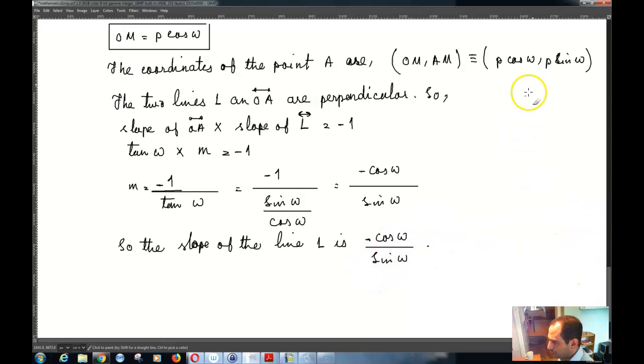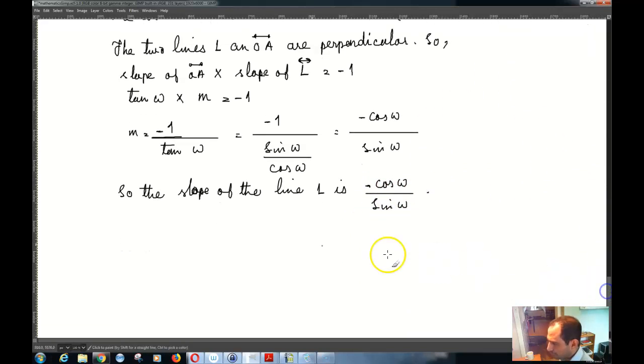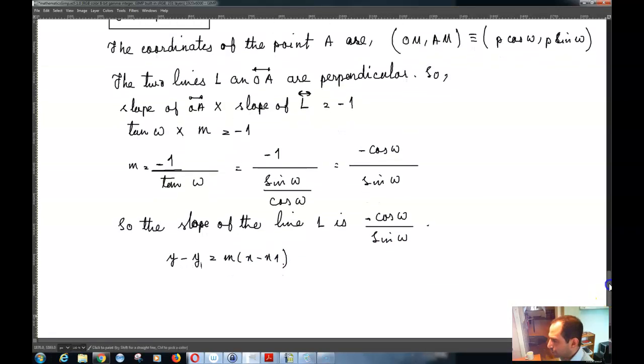So now we can substitute these two values in y minus y1 is equal to m times x minus x1. Your x1, y1 are these two coordinates, and this is your m. So you can write y minus p times sine omega is equal to -cos omega over sine omega times x minus x1, which is p times cos omega.